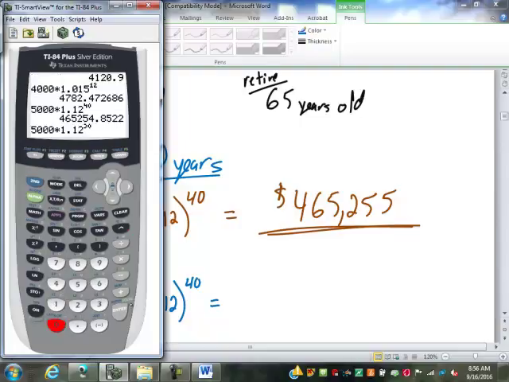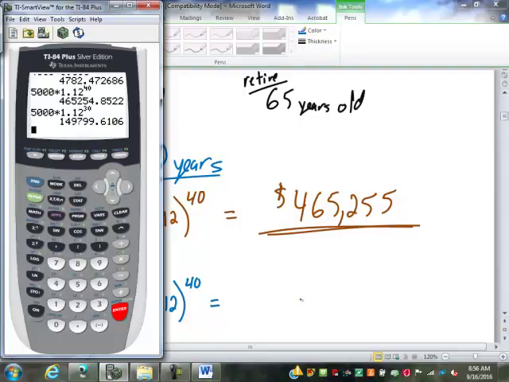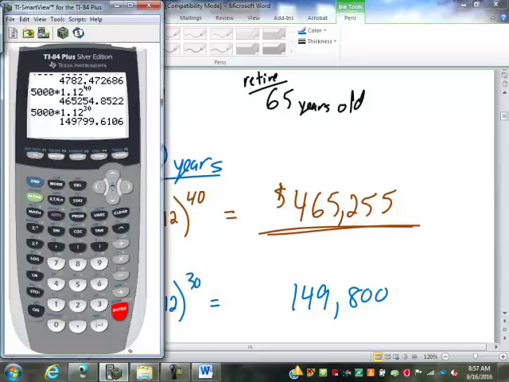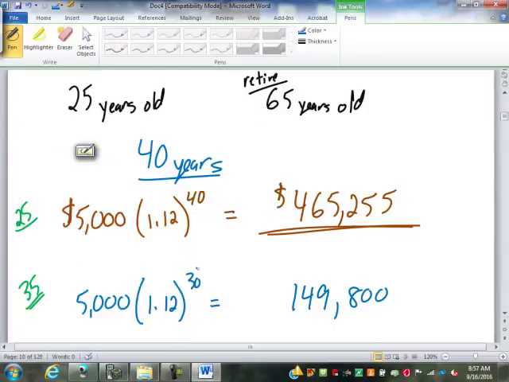Anybody want to guess before I hit equals? 149.78. I put 40 here. That should have been 30, shouldn't it? I typed in 30 in the calculator, didn't I? Yes, I did. I just wrote down 40. 149,000, 150,000 basically. Less than a third of what you would have up here.